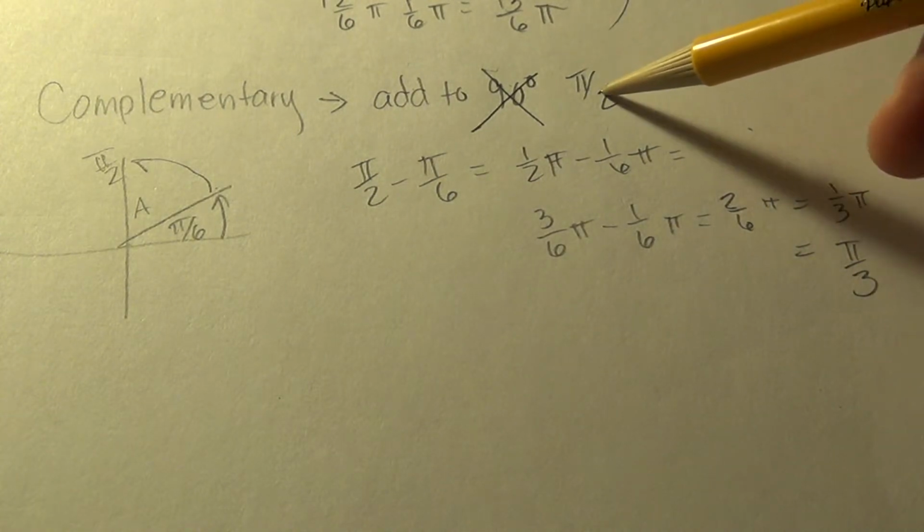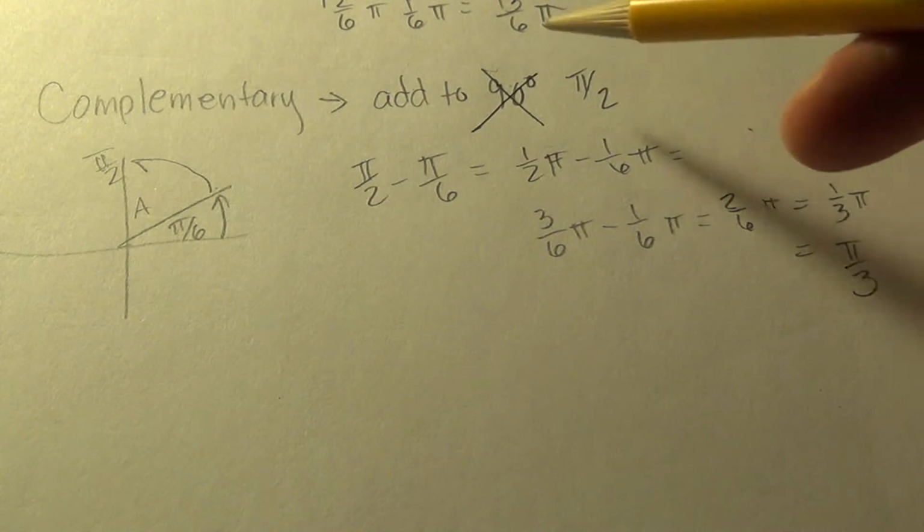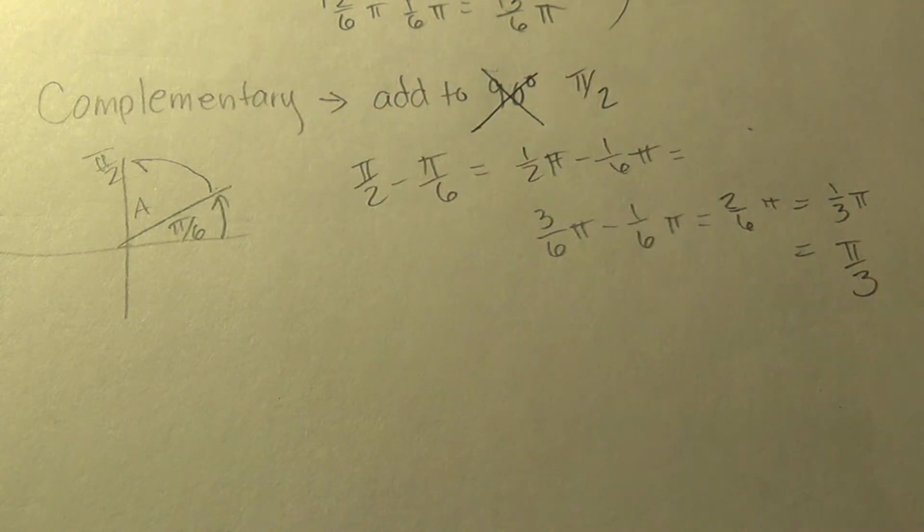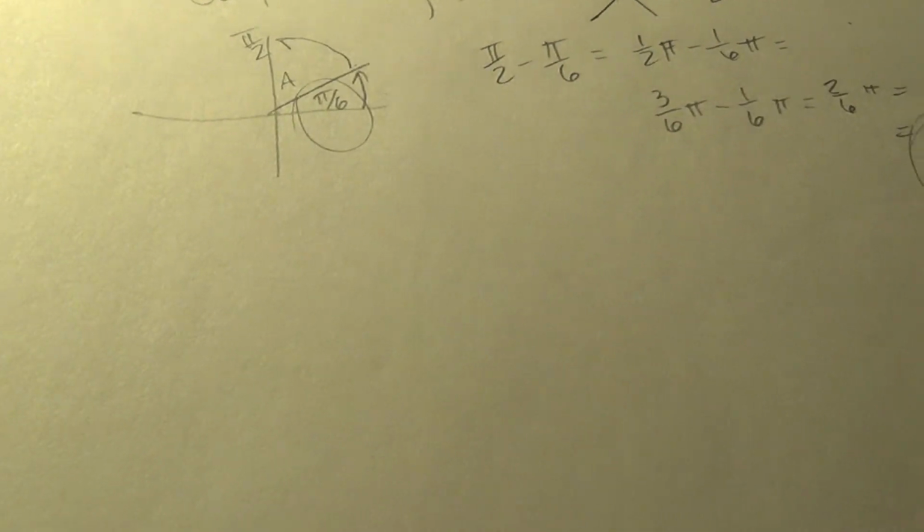So we say pi over 6 and pi over 3: this one and this one are complementary angles. They add to give you pi over 2.